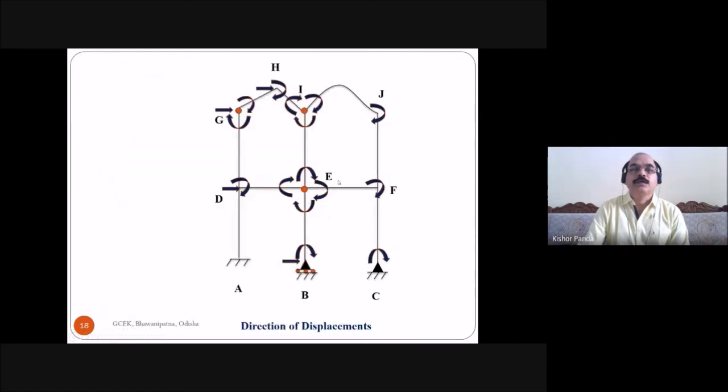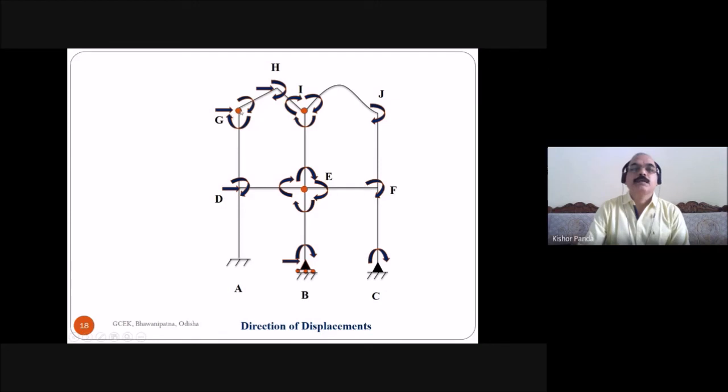Just to see this here, you will be clear. Here horizontal and rotational, and here only rotational. There is no horizontal and vertical. Here horizontal and rotational. But here there is no horizontal because the same displacement takes place, having the same line. Here only rotation.